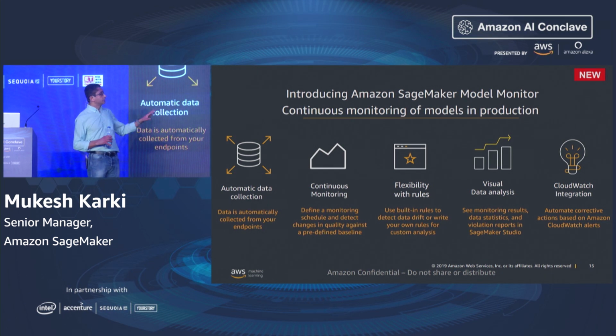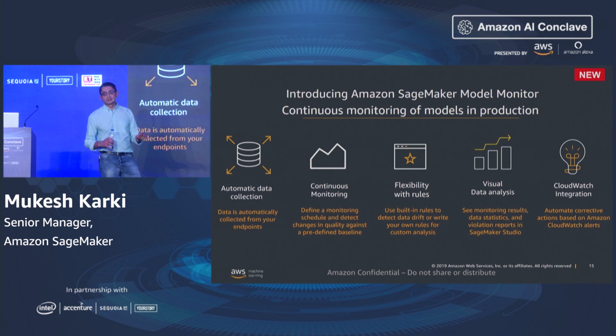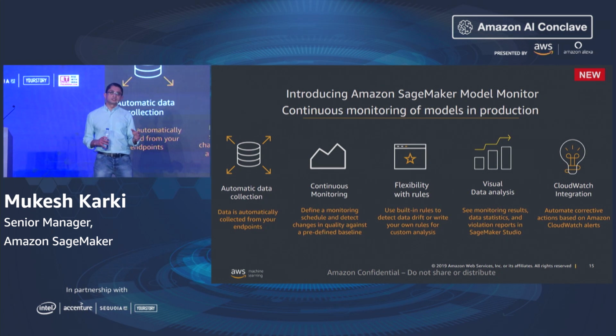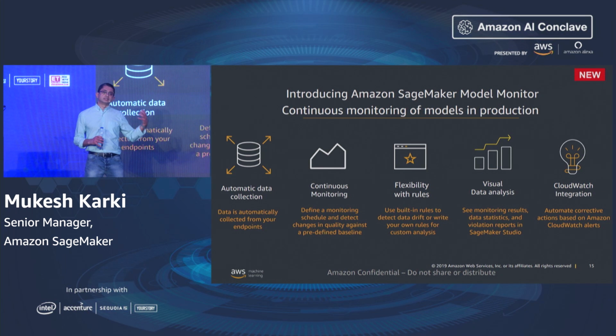Another cool thing about this is, same as Debugger, if you're using the rules that come inside the box of SageMaker, you don't have to pay for the processing that's happening to generate these alerts. If you write your custom rules, which you can, at that point you pay for the additional processing cost.